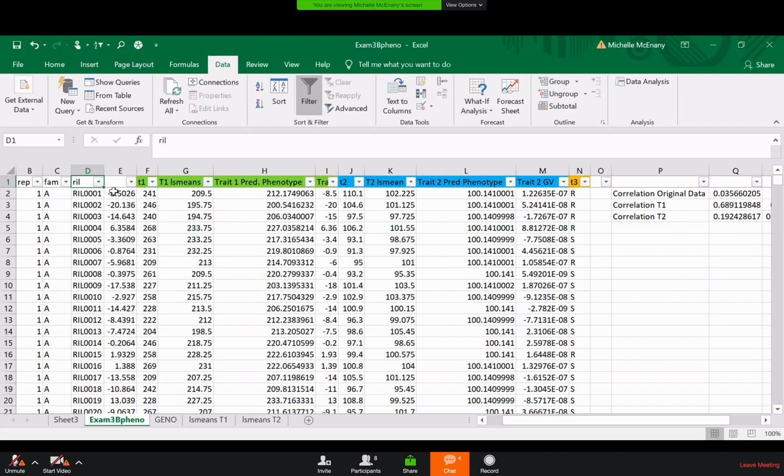Okay, what did you get for your... So, funny story. I took the average original phenotypic values for the traits, and I got pretty much exactly what you got.